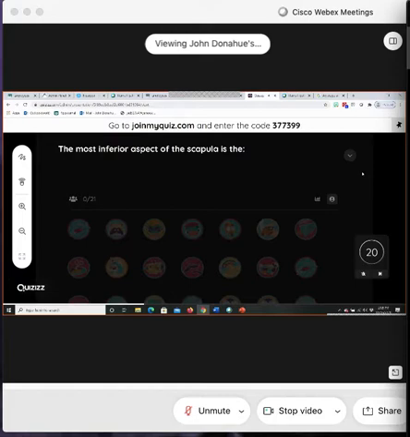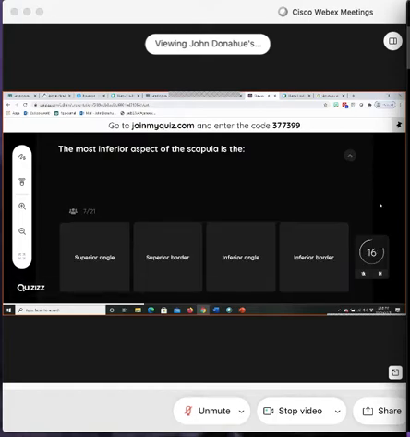The most inferior aspect of the scapula is, it's going to be the inferior angle. Inferior angle.